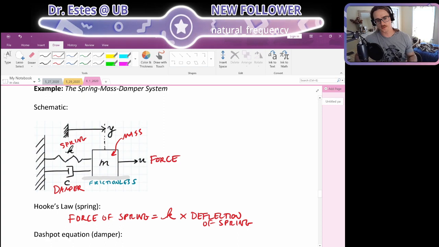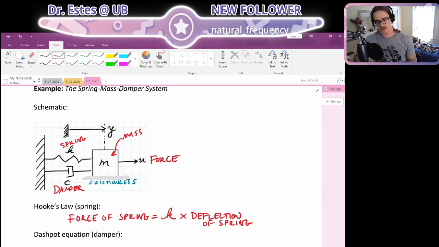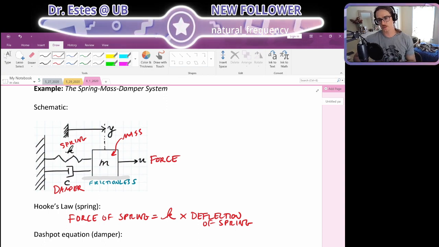So it doesn't matter if you stretch the spring or if you compress the spring, the force is going to be the same. It's going to resist that change in motion.